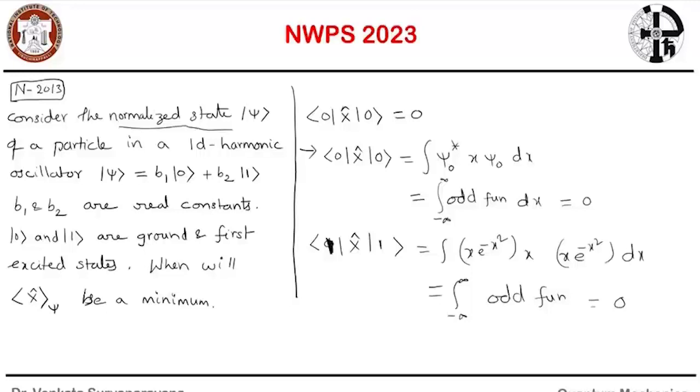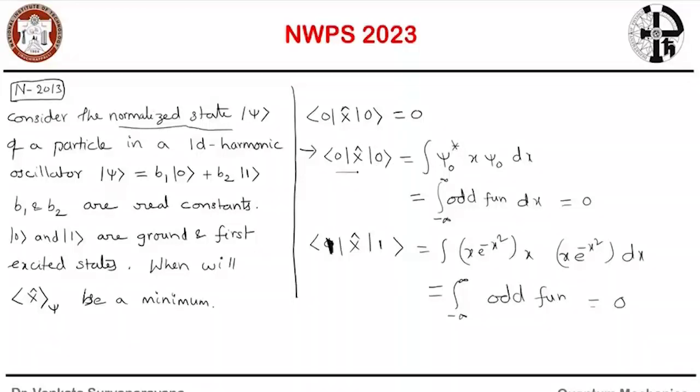Someone was about to ask me something. Sir, why do the ground state and first excited state have zero position operator expectation value? This one, right? Yes, sir. So do you know that this can be written as this?